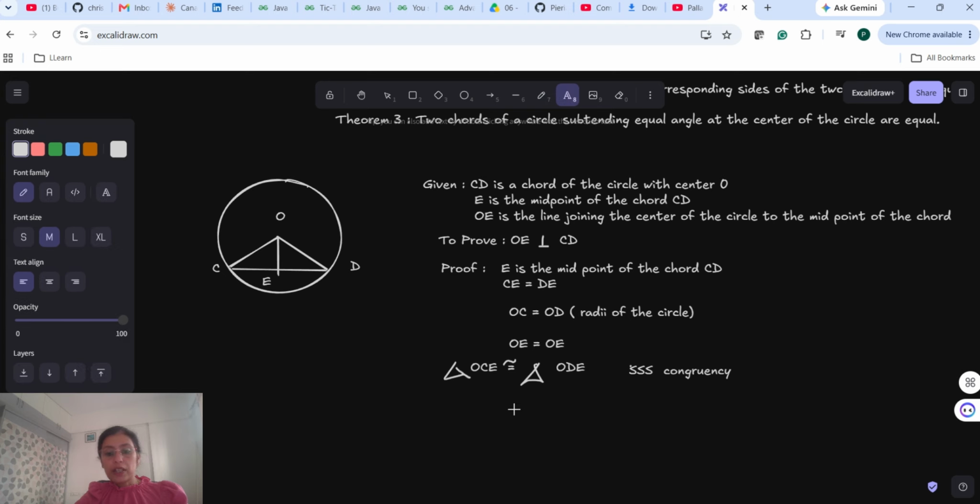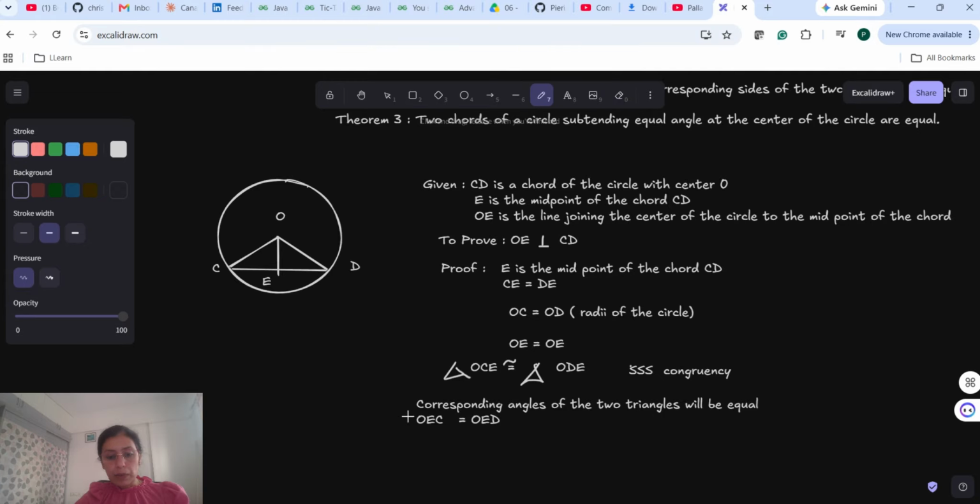Because these two triangles are congruent to each other, the corresponding angles will be equal, which means angle OEC will be equal to OED, right? See, this is the corresponding angle OEC, OED. So these two angles will be equal.